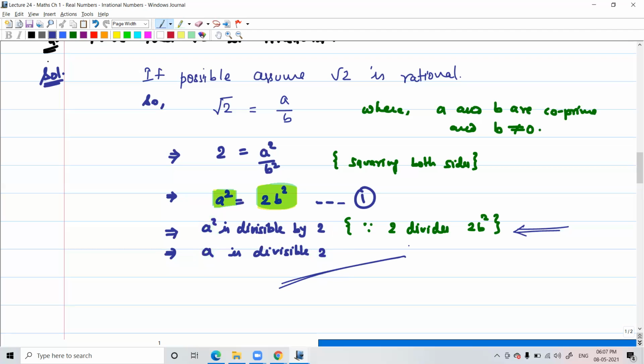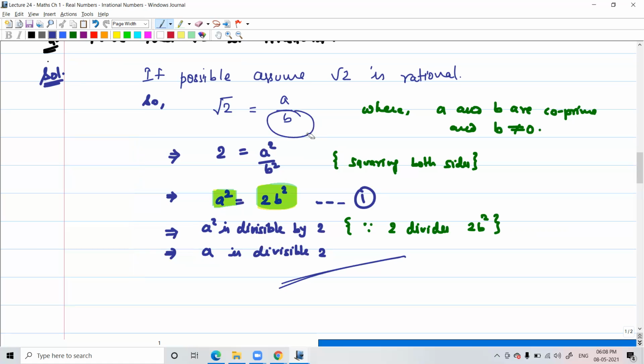Tell me if that makes sense up to here. Is it clear? Yes, sir. Okay. So with this thing, we have proved as of now that a is divisible by 2. And then we will do some more calculation and we will prove that b is also divisible by 2.